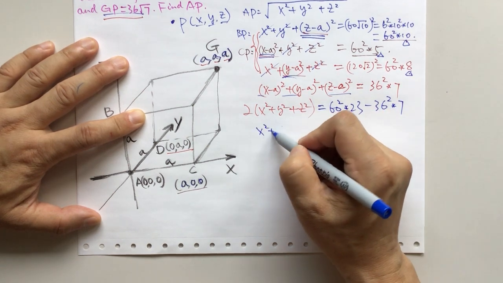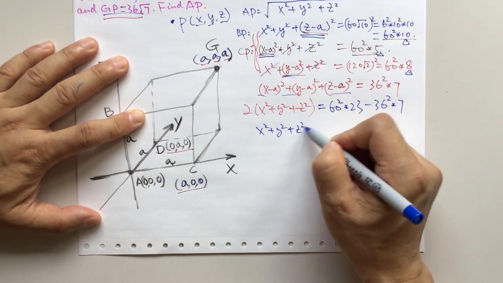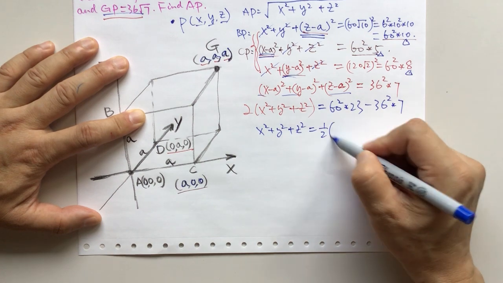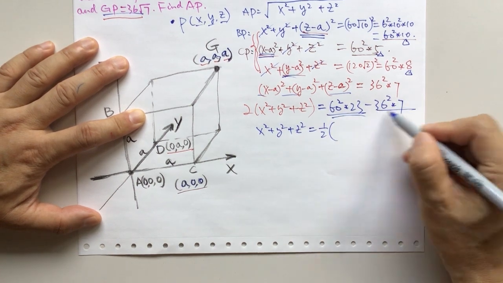So x squared plus y squared plus z squared is one half of that.